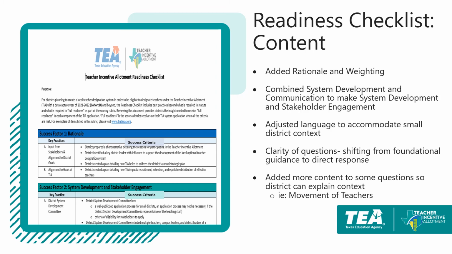You'll notice that there are not only formatting and branding changes to the Readiness Checklist, but there are also changes to its content. For example, there are some categories that have been added, and there are others that have been combined, so that this document is as clear and straightforward as possible.